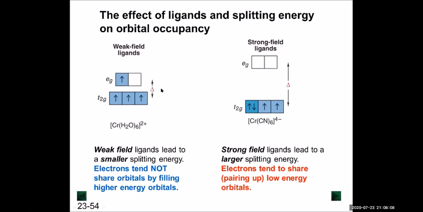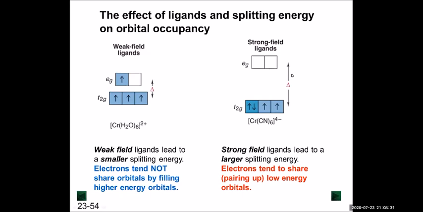That's with weak ligands. With strong ligands, the stronger repulsion between the ligand and those 2 d orbitals causes a bigger splitting, a bigger gap, because the energy of those orbitals becomes so much higher.